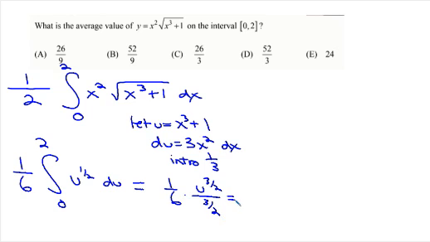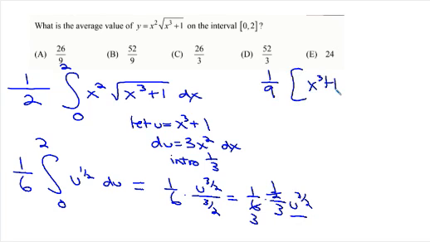So that's going to be like 1/6 times 2/3 u to the 3/2, factor, and my multiplier is now going to be 1/9. I need to put my u back in, which was x cubed plus 1. Okay, it is to the 3/2 power, and I'm evaluating it from 0 to 2.